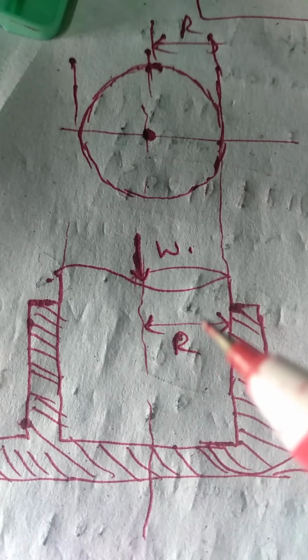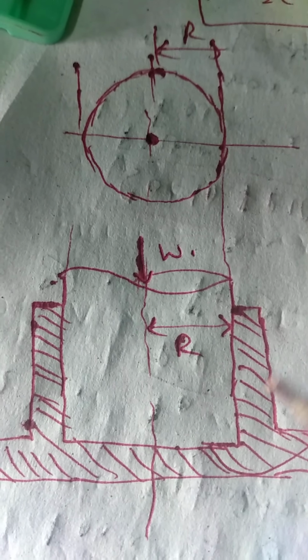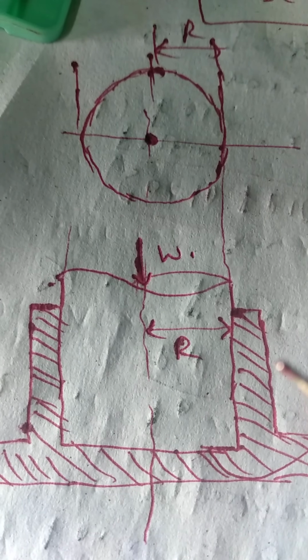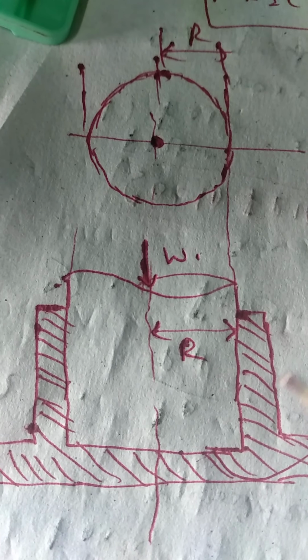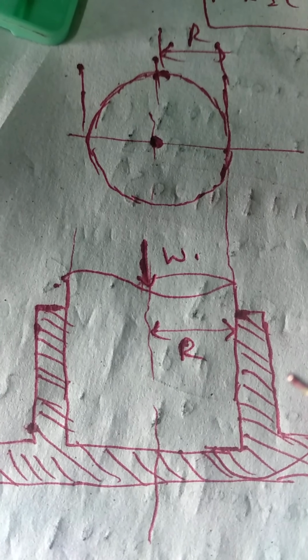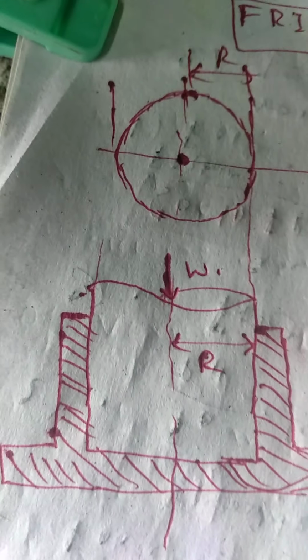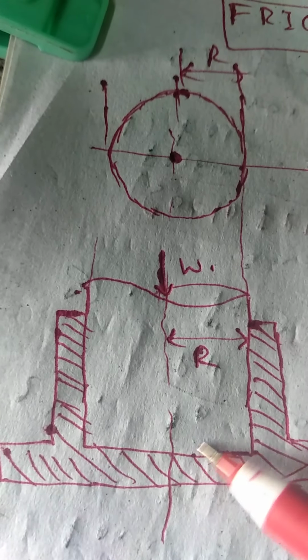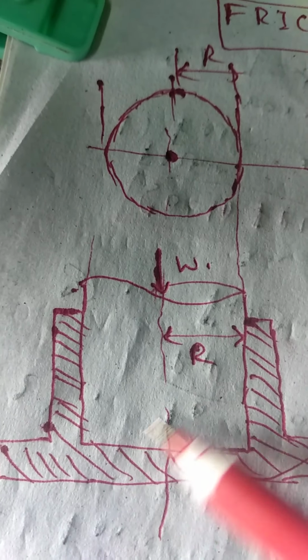But with time, when wear and tear occurs, all the parts of the rubbing surface will not move with the same velocity, because the velocity of the rubbing surface increases with the distance from the axis of the bearing. This is the axis of the bearing, and the velocity increases as the distance increases from this axis.